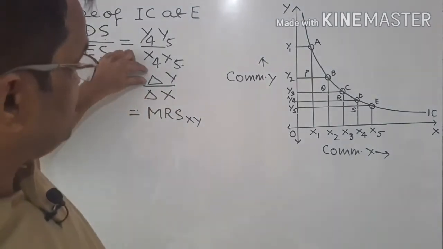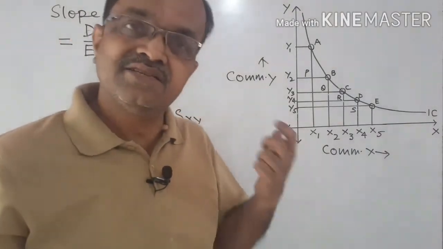The number of units sacrificed per unit of X gained is equal to MRS.